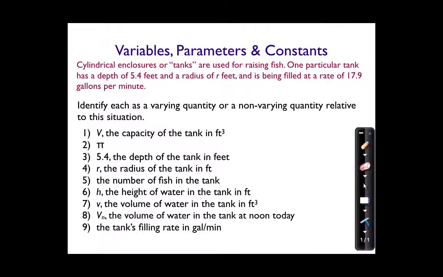Capital V, which is representing the capacity of the tank in cubic feet. Is that something that is changing or not changing here? Not changing. It's one tank. It's not going to start getting taller or wider while the fish are in it. We hope that would be pretty weird. So this is a non-varying quantity. Non-varying.